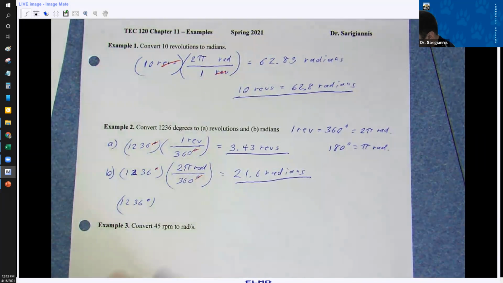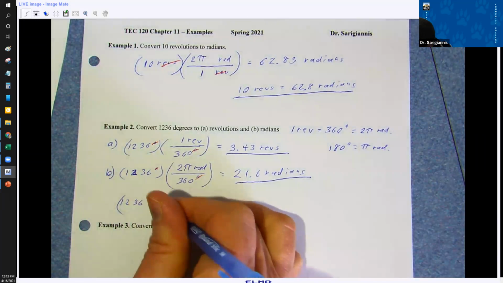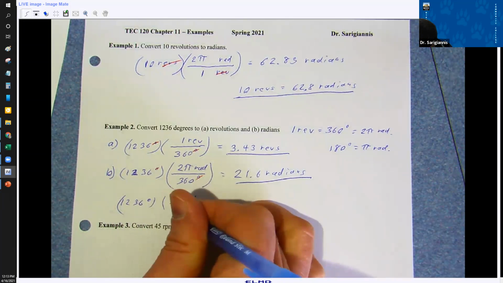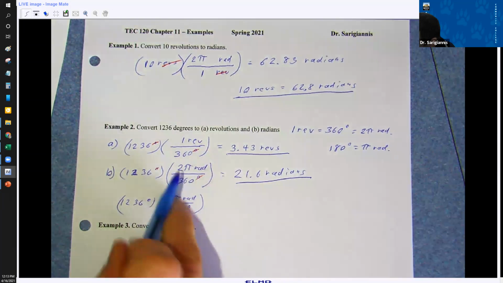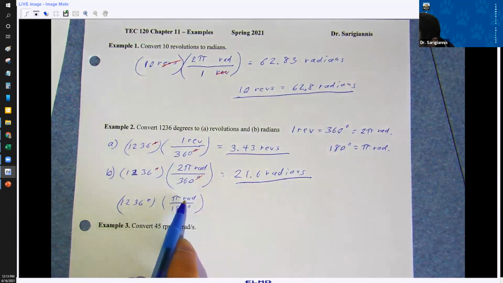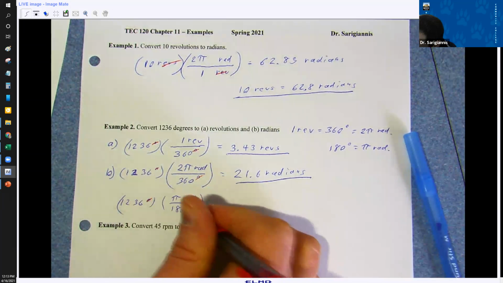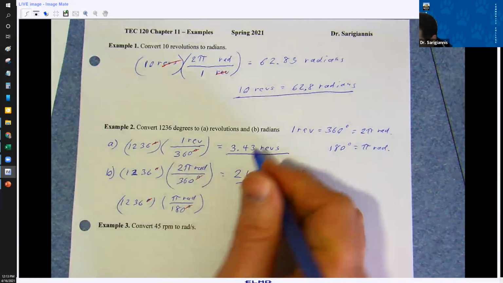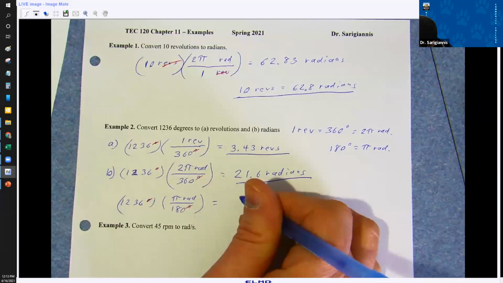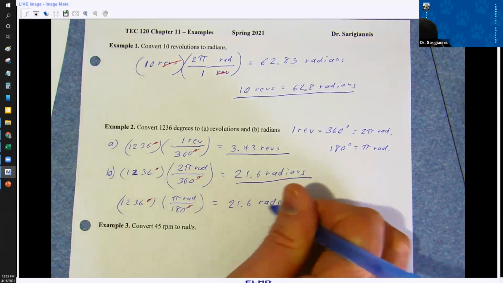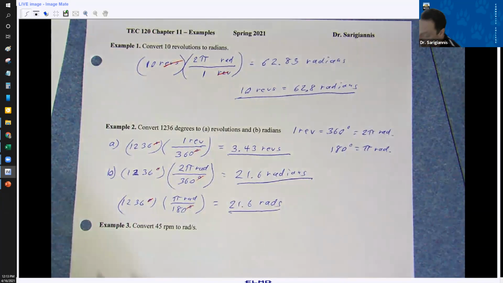Remember, this fraction is telling us the top and the bottom are equivalent to each other, and pi radians is equivalent to 180 degrees. So you get the same answer, obviously.